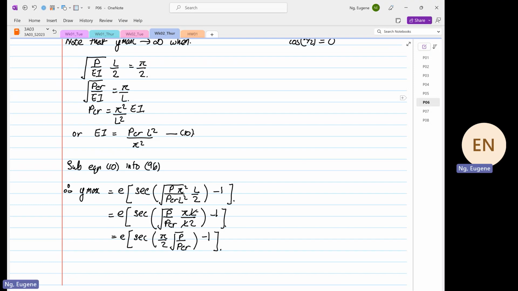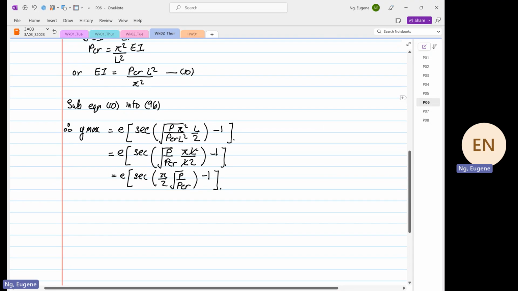So let's consider the loading situation of our structure now. It's not so straightforward like eccentric loading.